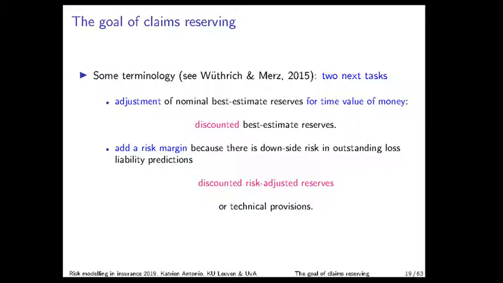Now, the risk margin that comes on top of the best estimate can be regarded as a compensation for the risk of taking on an obligation to pay uncertain cash flows, as is the case here with the future development of claims related to past exposure.